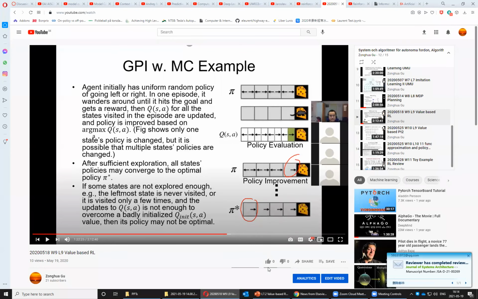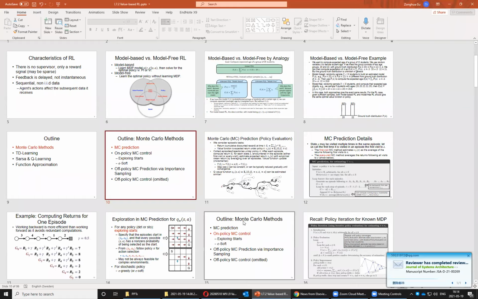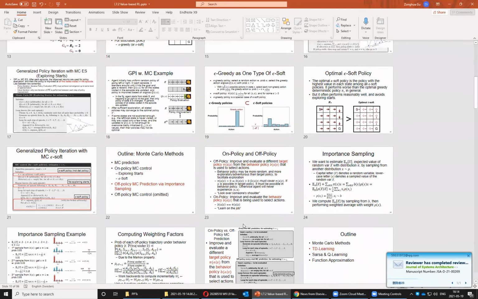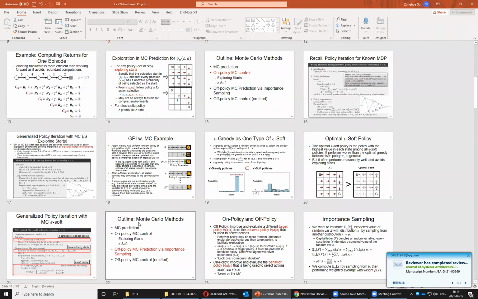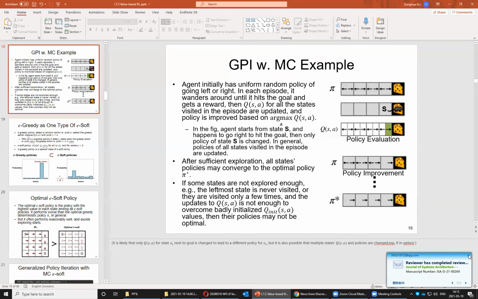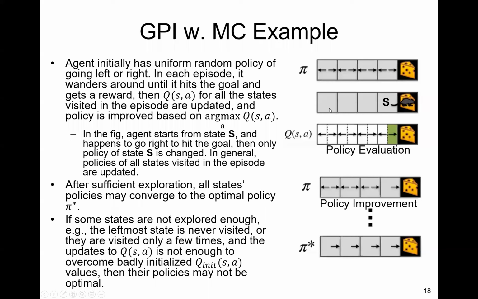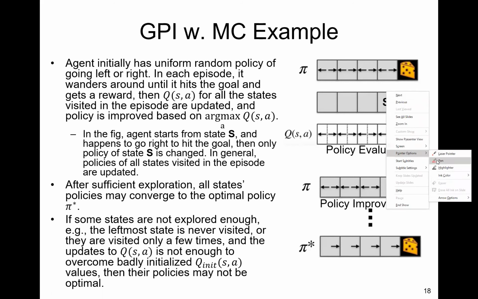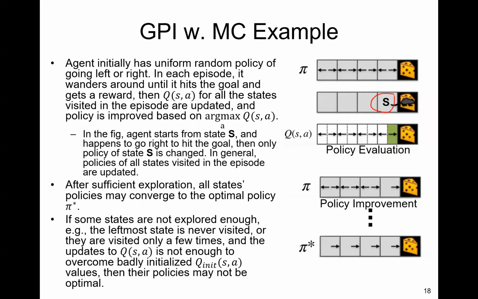So let me clarify a little bit for this example. I updated the slides. In this case, the agent starts from state S, this state, and happens to go right to hit the goal.